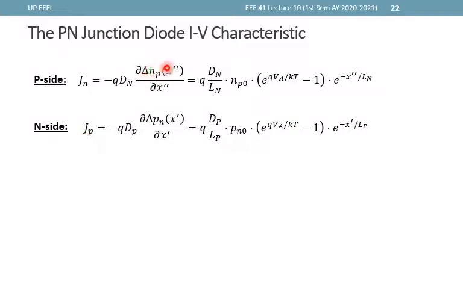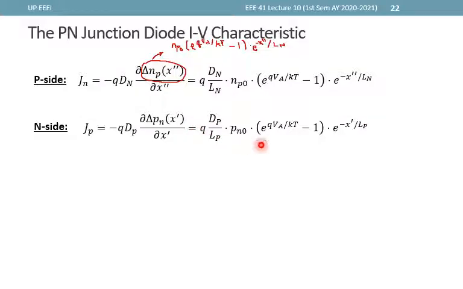So this delta Np at x double prime is actually equal to this function right here, and performing the derivative, we end up with qDn times, this one is a factor, not a function of x, so we copy that, e raised to minus x double prime over Ln, and by chain rule times minus 1 over Ln. So the negative by chain rule actually canceled the negative here. We can do the same for the n side and get this expression right here.